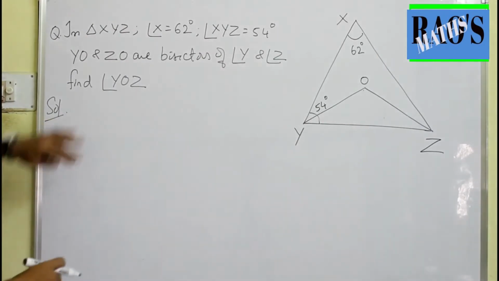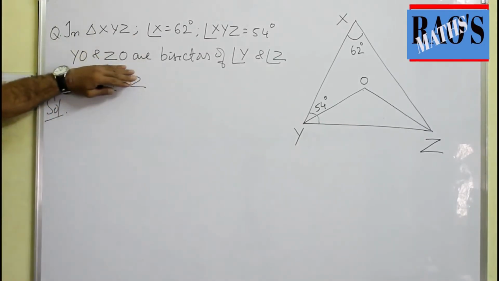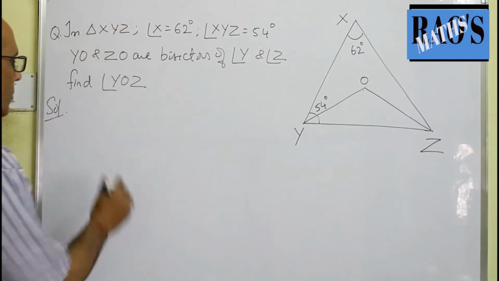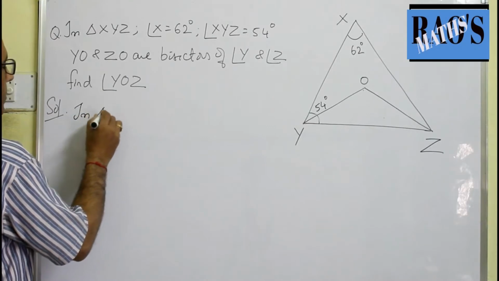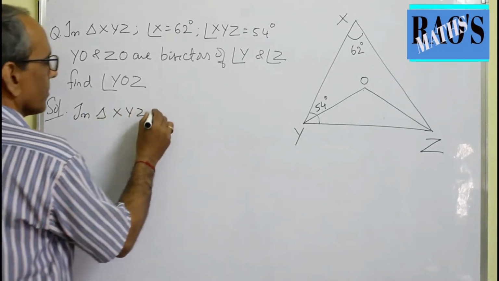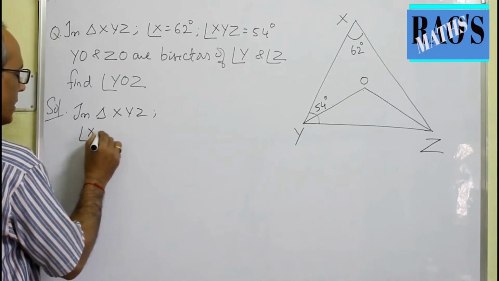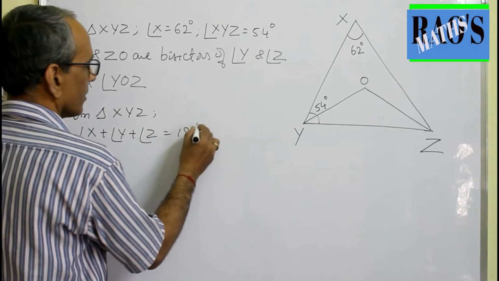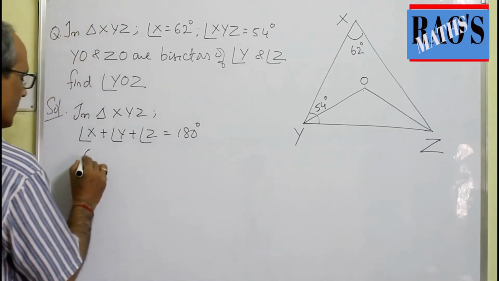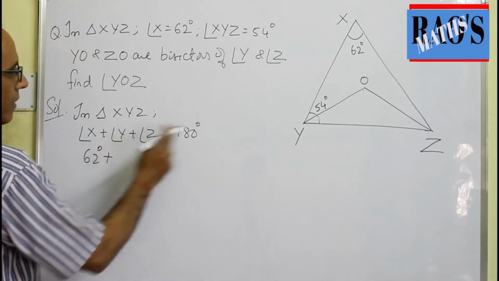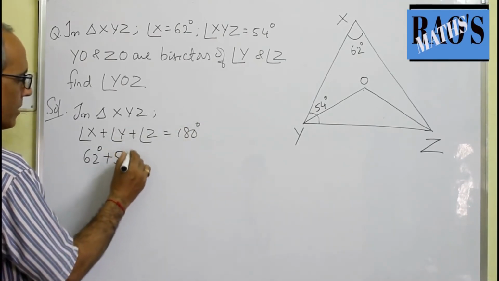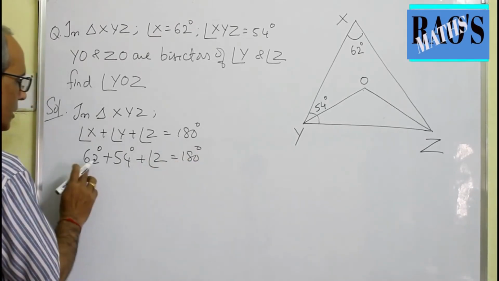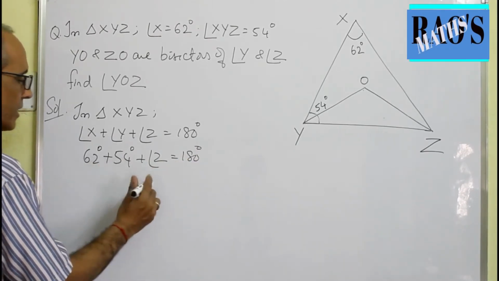In our solution, we copy everything in the exam. The given part is important and after the given part we continue. In triangle XYZ, we know angle X plus angle Y plus angle Z is equal to 180, by angle sum property. Angle X 62, angle Y the whole 54 marked already, angle Z to be solved. 62 plus 54 is 116.